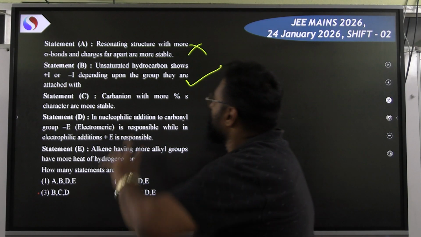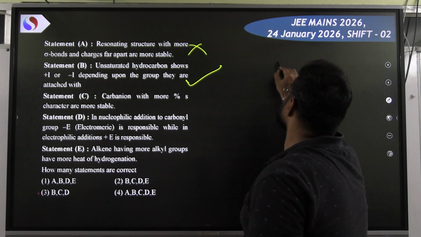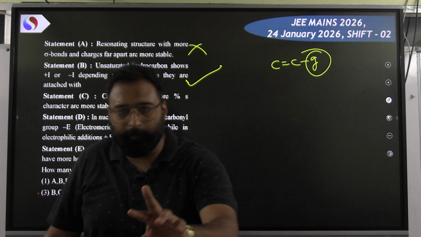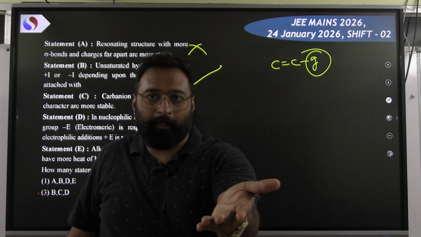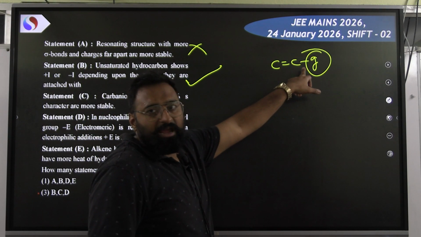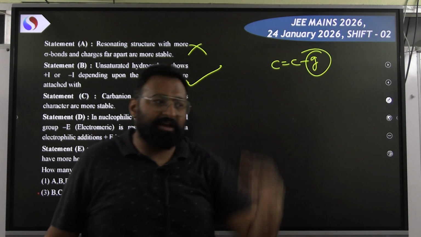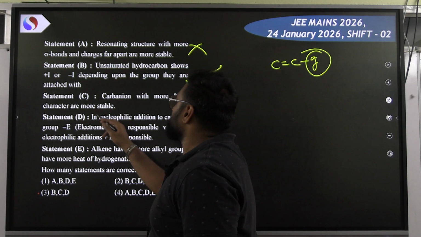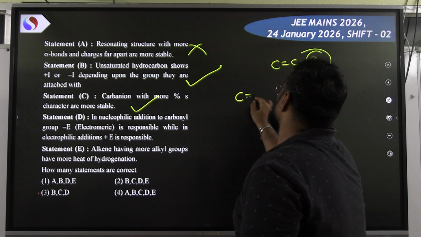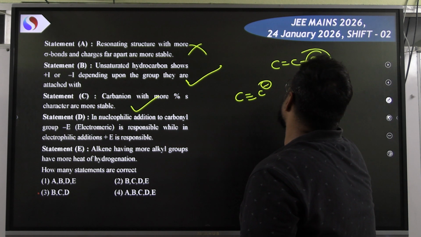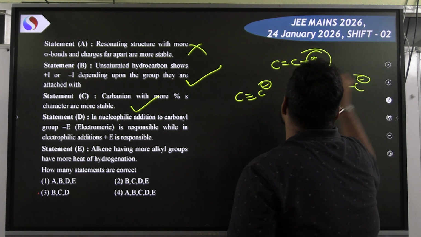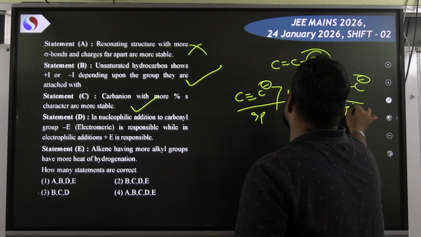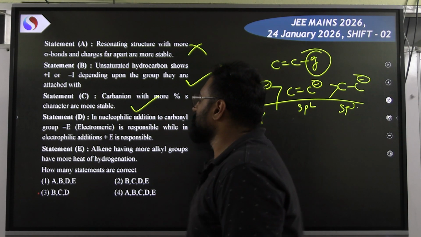Suppose this is my unsaturated hydrocarbon: whatever group is connected, if the group is more plus I or more minus I with respect to the alkene, statement 2 is true. Carbanion with more s-character is more stable. This is more stable, this is less stable, and this is least stable: sp, sp2, sp3. So this statement is also correct.